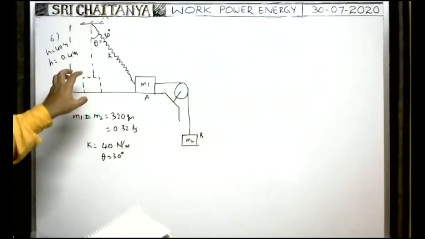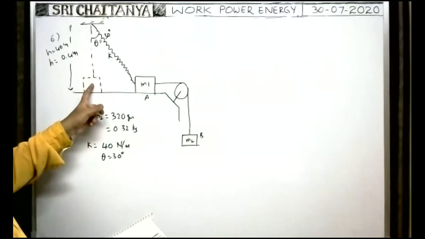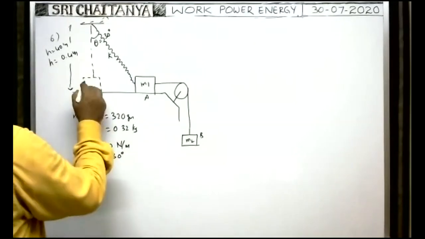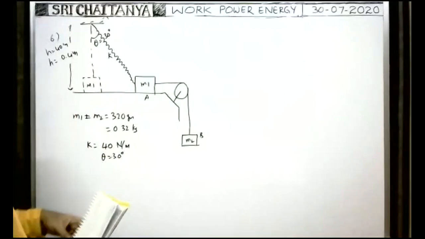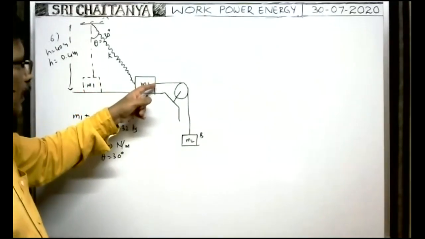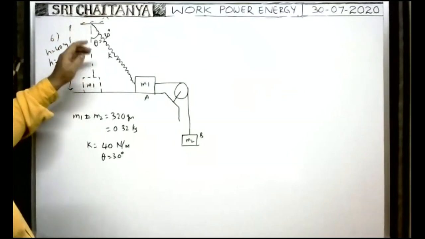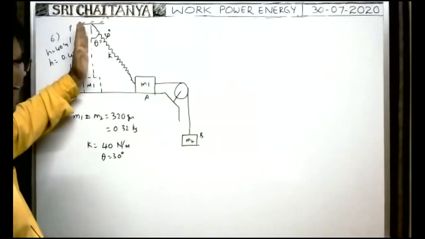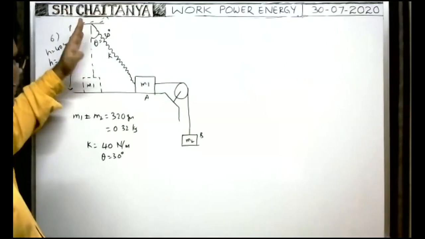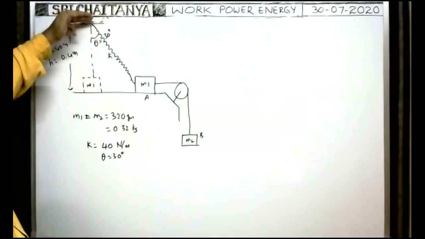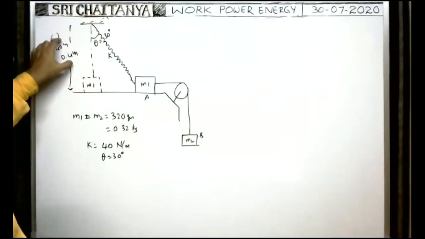Now, to this block of mass M1 is attached a string. Initially, whenever the block is here, the spring is connected like this, so that the spring is vertical and in unstretched condition. That means the height of the support from the bottom is equal to the natural length of the spring.